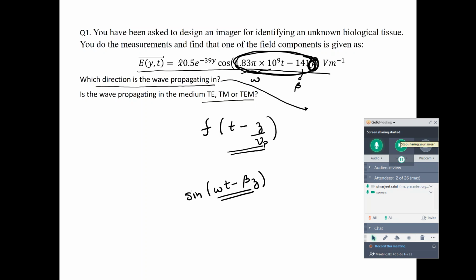So the wave is propagating in the y direction, as it is here. The electric field of the wave is pointing in the x direction. So the y direction is now my longitudinal direction. And x and z, the directions perpendicular to that, are my transverse directions.